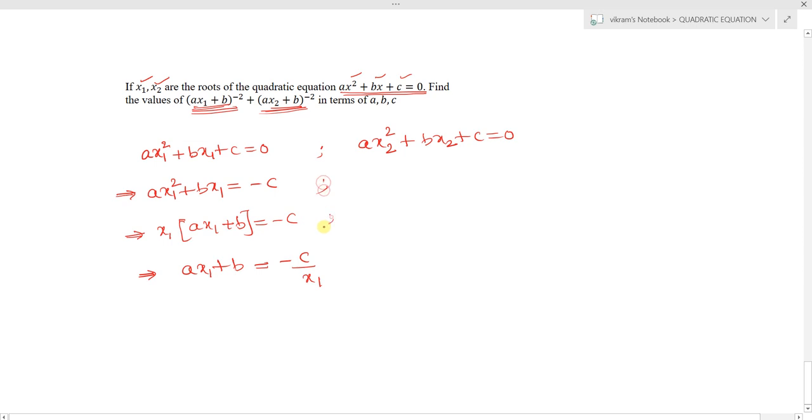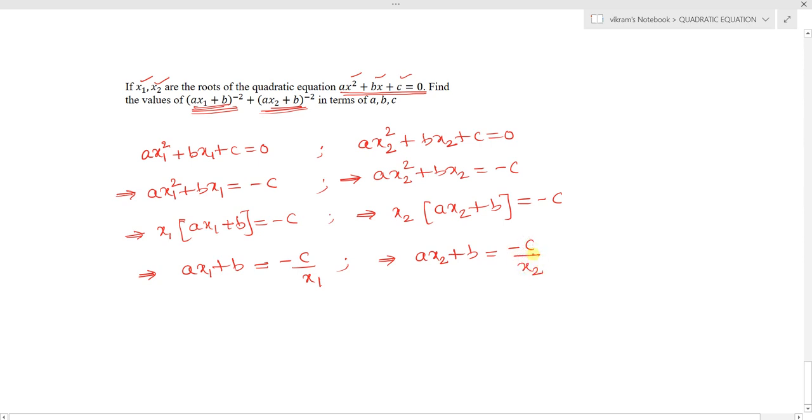Now the second one: ax2 square plus bx2 equals minus c. If we take x2 common, then x2 into (ax2 plus b) equals minus c. Then ax2 plus b equals minus c by x2.